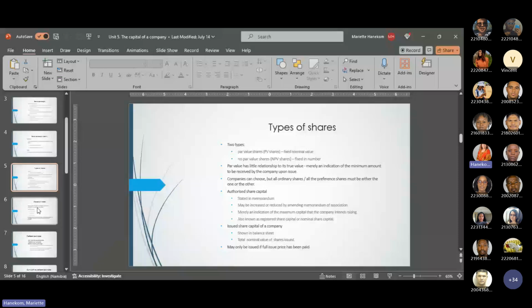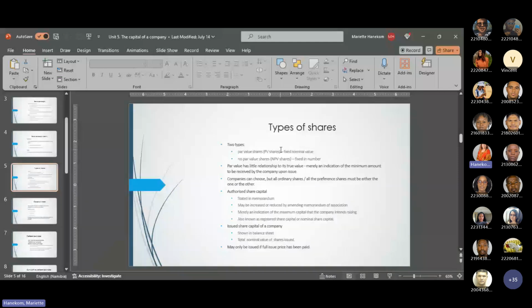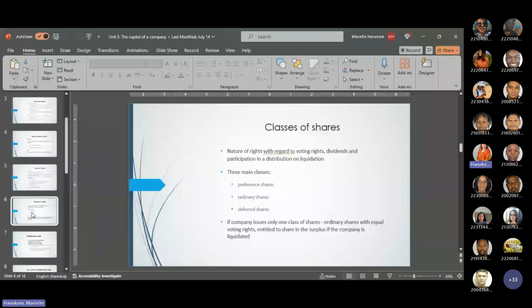So that was types of shares. We also get classes of shares. There are only two types of shares: par value and no par value. A company can, however, issue any number of classes of shares. How do we distinguish between classes of shares? Every class of shares has different rights.